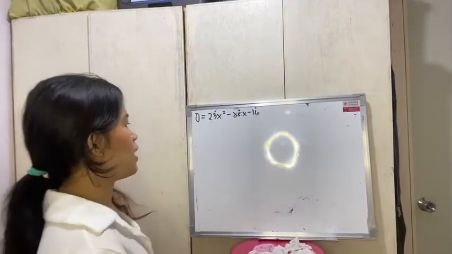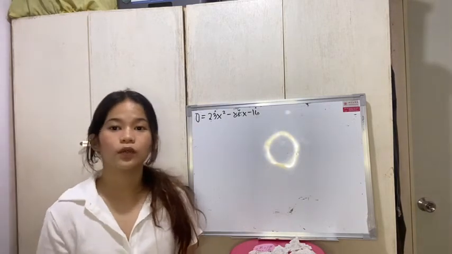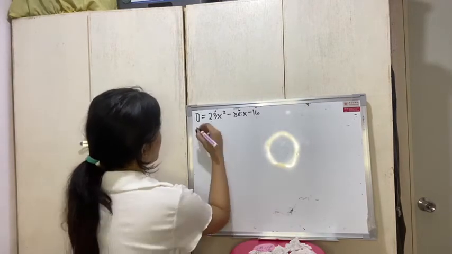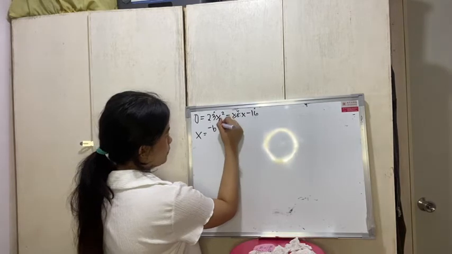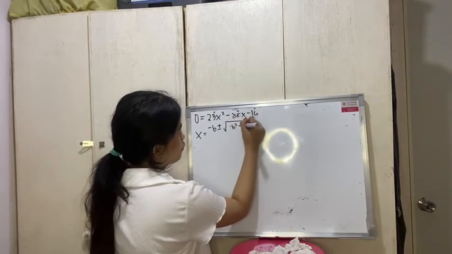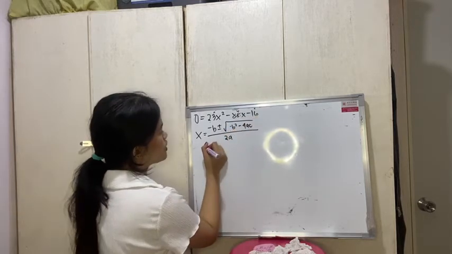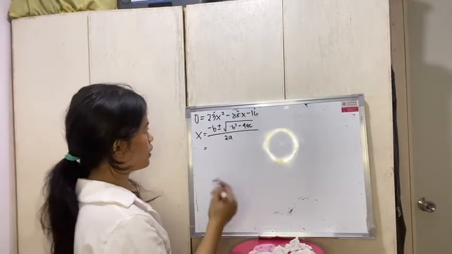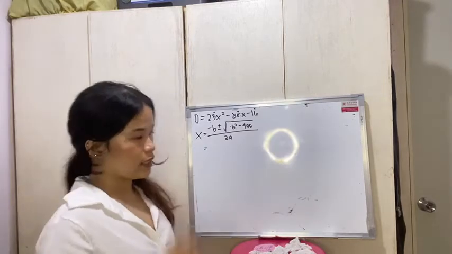Since our quadratic equation is difficult to factor, the best thing to do is use the quadratic formula. So x is equal to negative b, positive and negative, the square root of b squared minus 4ac, over 2a. In this example, a is 23, b is the coefficient of x, and c is negative 16.